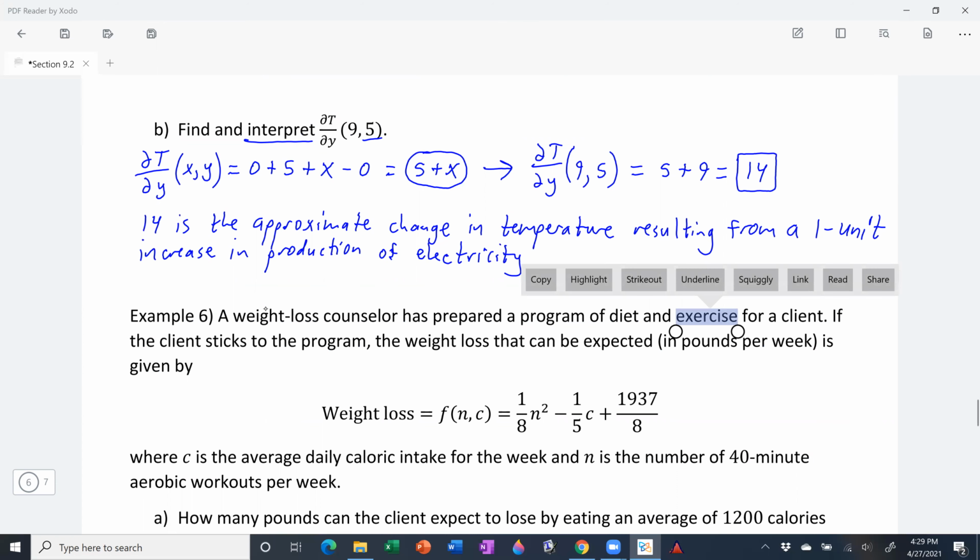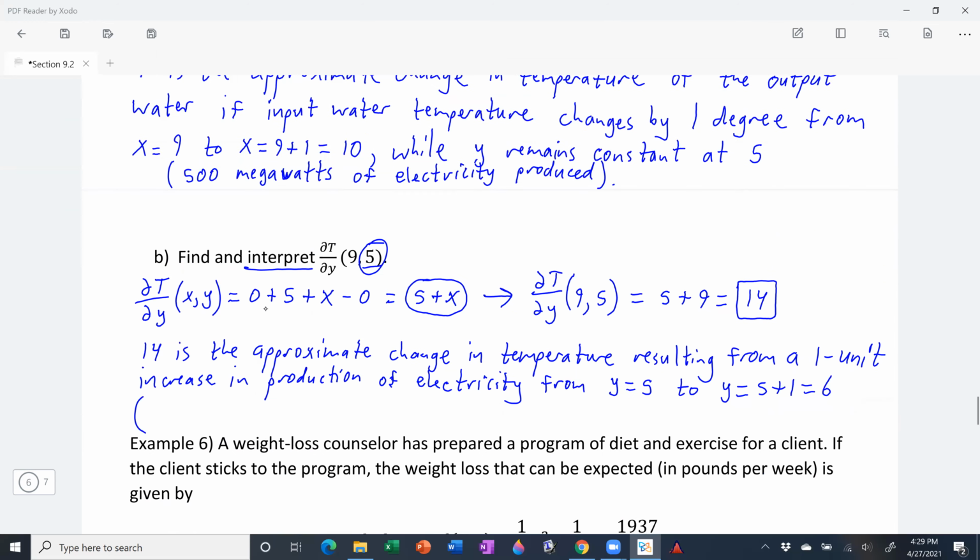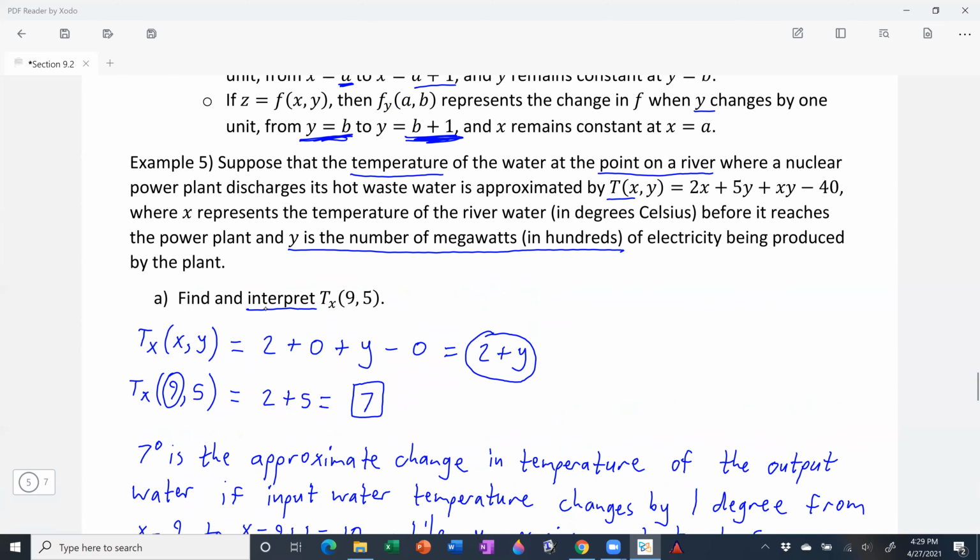That's from Y equals, so starting at 5, to Y equals 5 plus 1 equals 6. And it's important to understand, remember that Y variable, Y was the number of megawatts in hundreds.